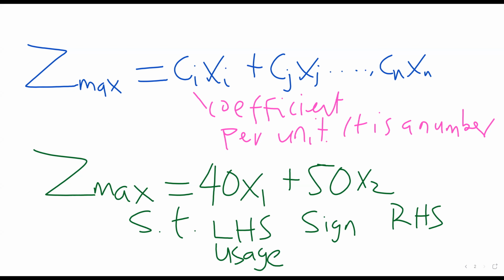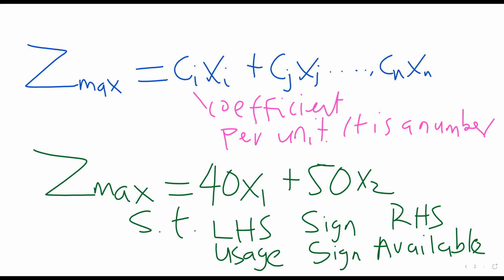Then you have your sign, and then the right-hand side of the constraint is known as available. I'll explain each one of them. Now, usage deals with the number of quantities you actually used of those resources.